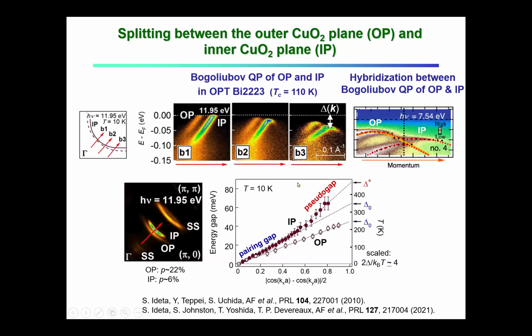So several years after that, we identified the splitting of the Fermi surface into the outer plane and the inner plane of the multilayer structures. For the two Fermi surfaces, in the outer plane the gap behaves as a d-wave, and the inner plane gap is larger compared to the outer plane.